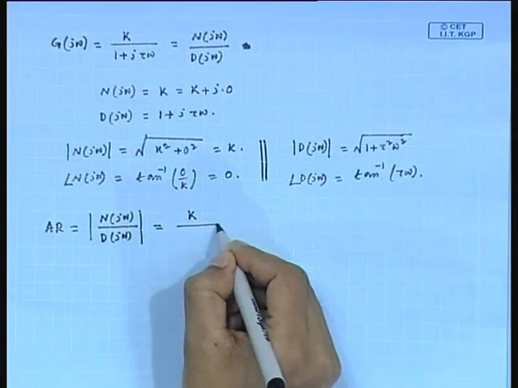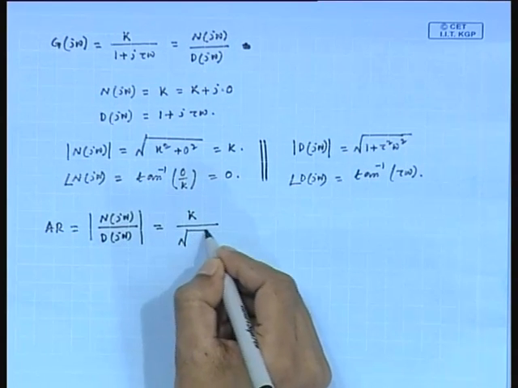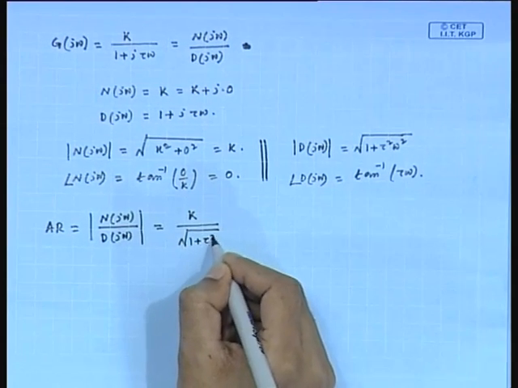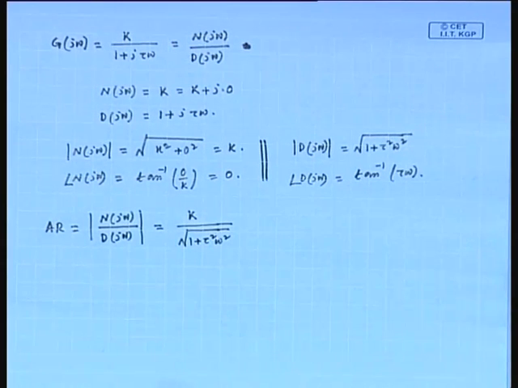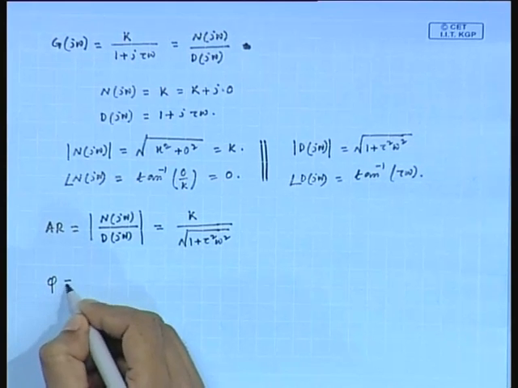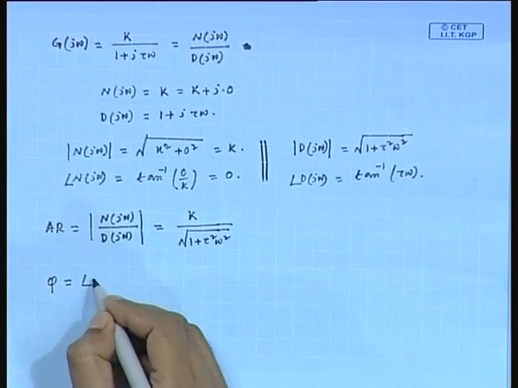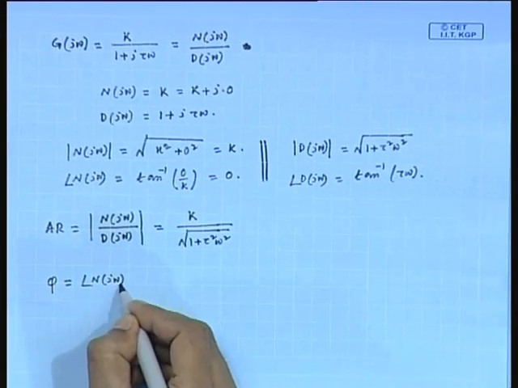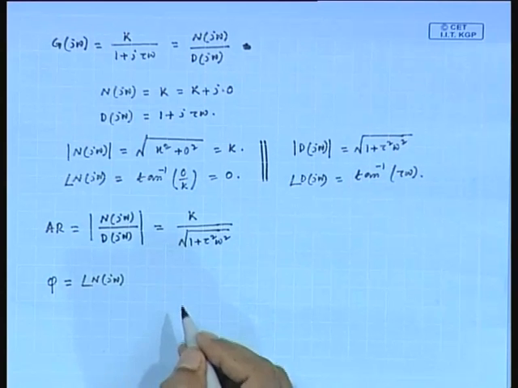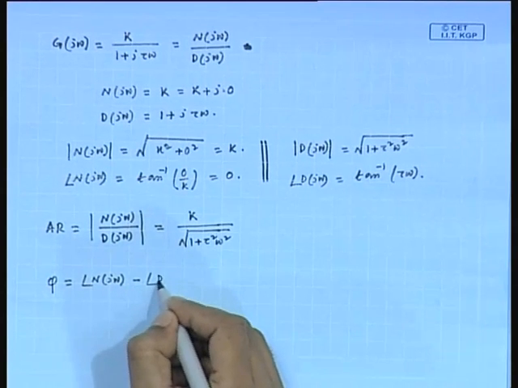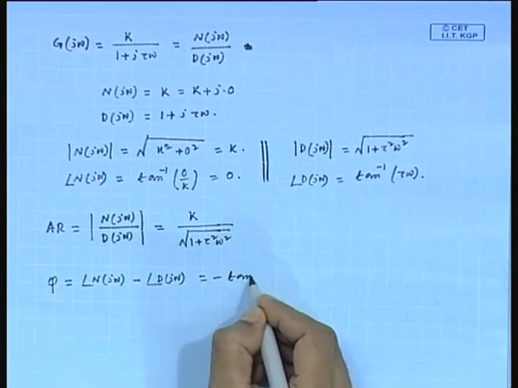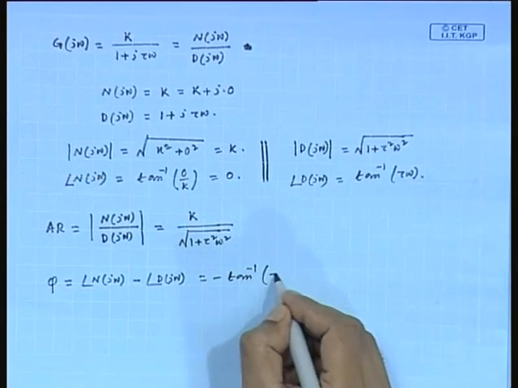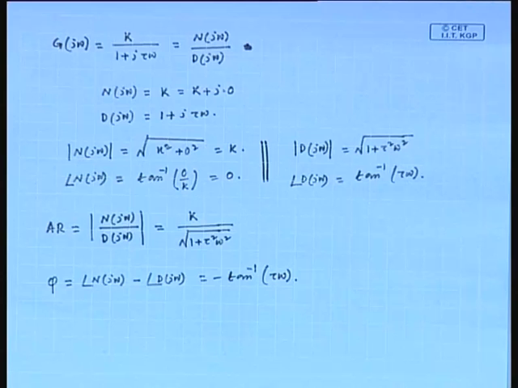Then we obtain K divided by root over of 1 plus tau square omega square, and phi is equal to argument of N(j omega) minus argument of D(j omega), which is equal to minus tan inverse tau omega.